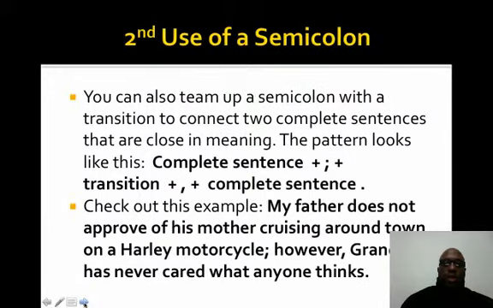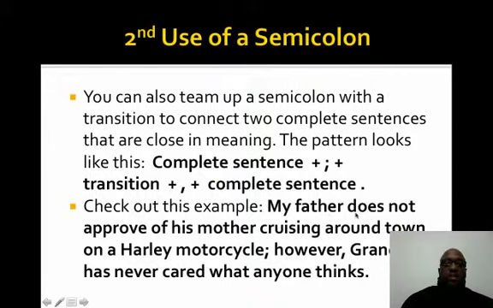All right, so let's look at another use. You can also team up a semicolon with a transition to connect two complete sentences that are close in meaning. Again, the pattern looks like this: a complete sentence plus a semicolon plus a transition plus a complete sentence. Here's an example.